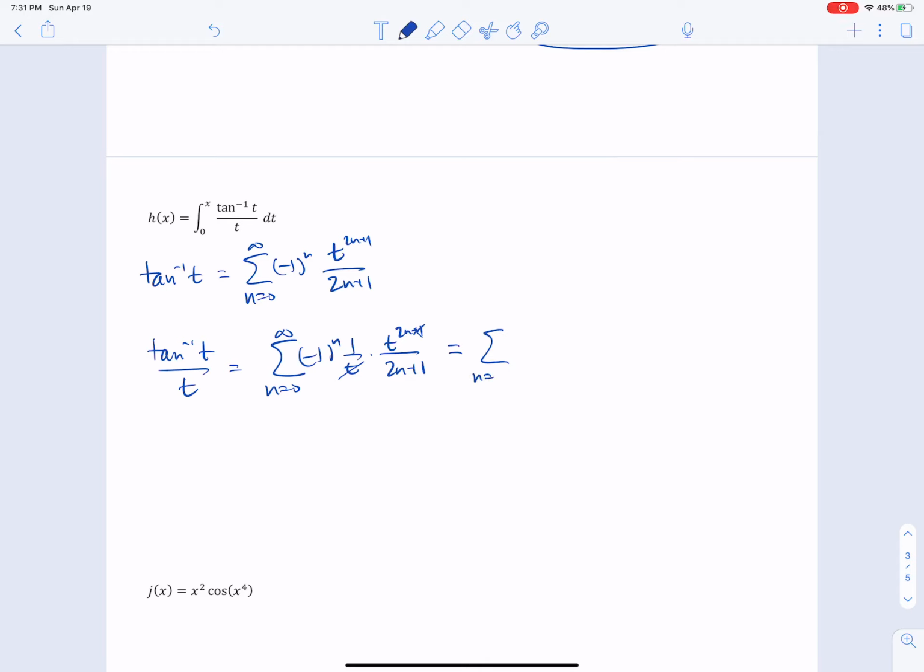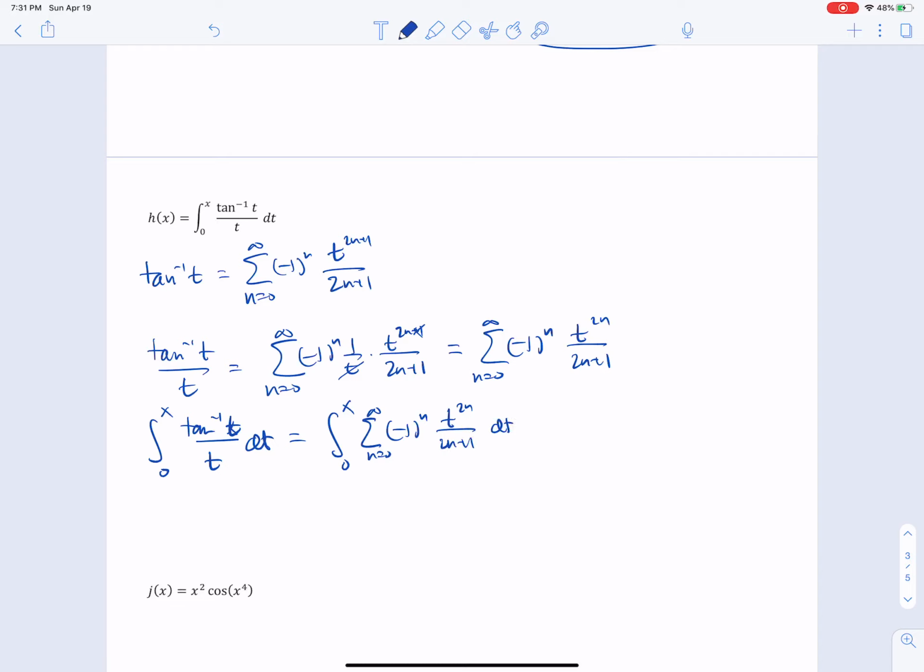And so I get summation n equals 0 to infinity, minus 1 to the n, t to the 2n over 2n plus 1. And so now I'm ready to do the integration. And so I would integrate the series I just wrote down. But we remember that we can switch the order of summation and integration here.